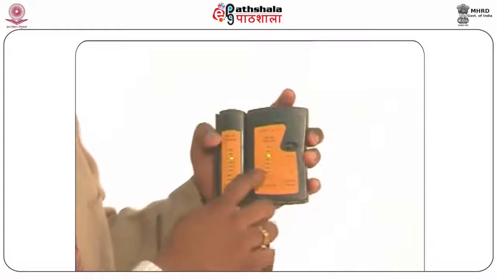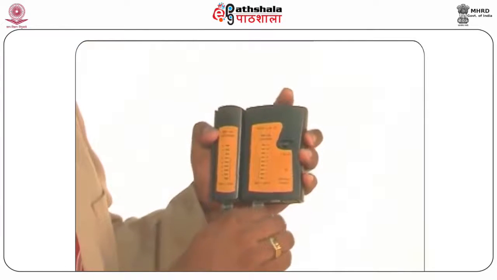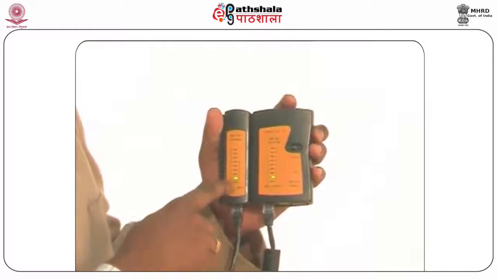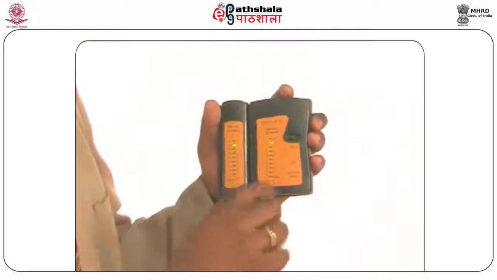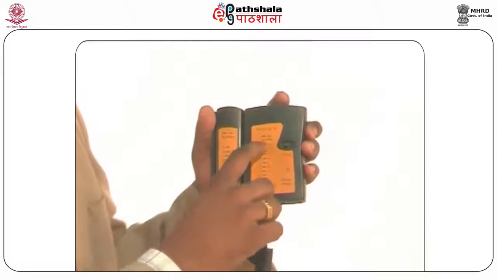In addition to that, there are other devices used. You can see this is a cable tester. If I crimp a cable using the crimping device, to check whether it is connected properly or not, I can connect it to a cable tester. As you can see, the light is going. If all lines are correct, the light will glow everywhere.